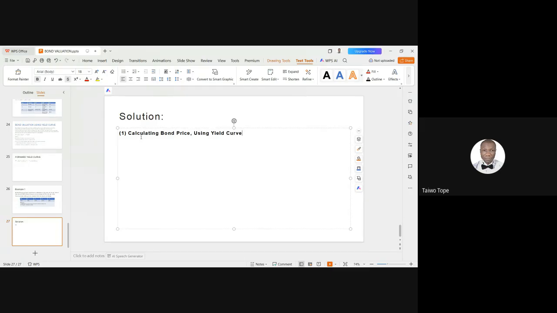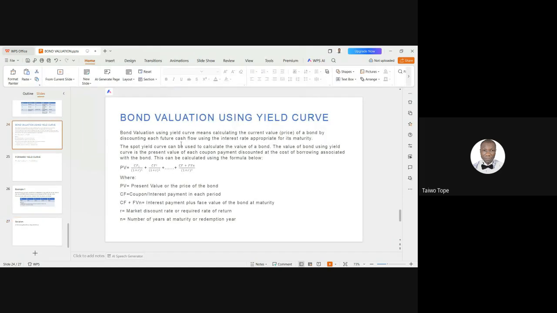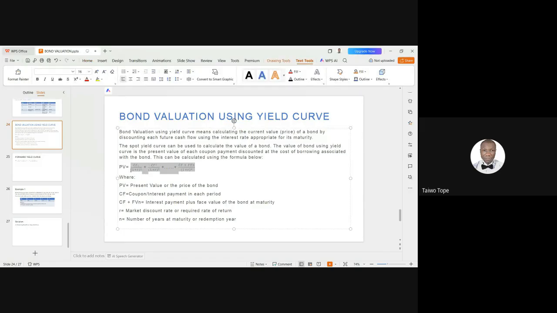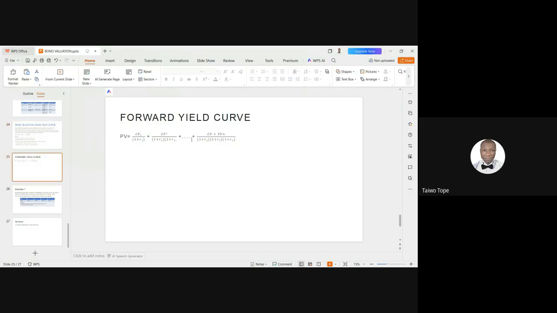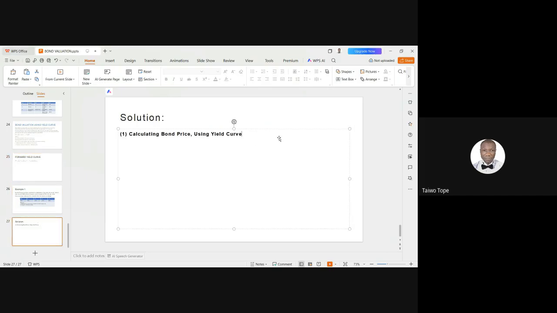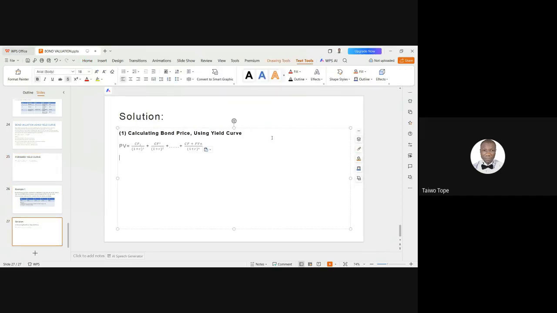So this is specifically based on using the yield curve. To calculate your bond price, you use this formula here, which we've defined before.